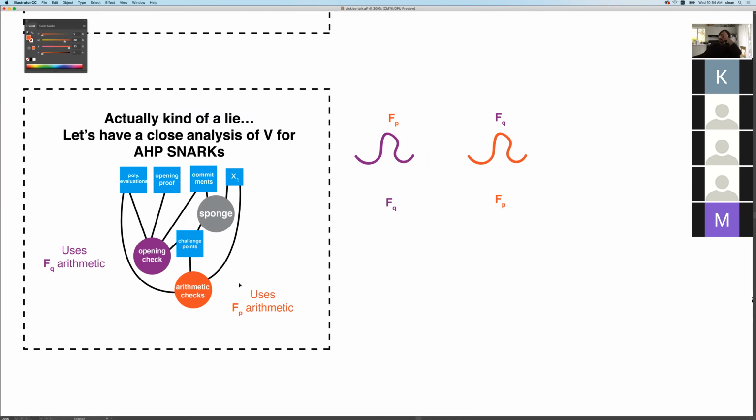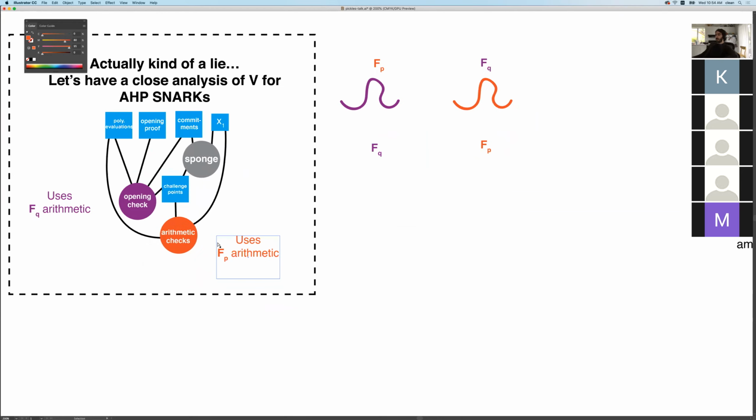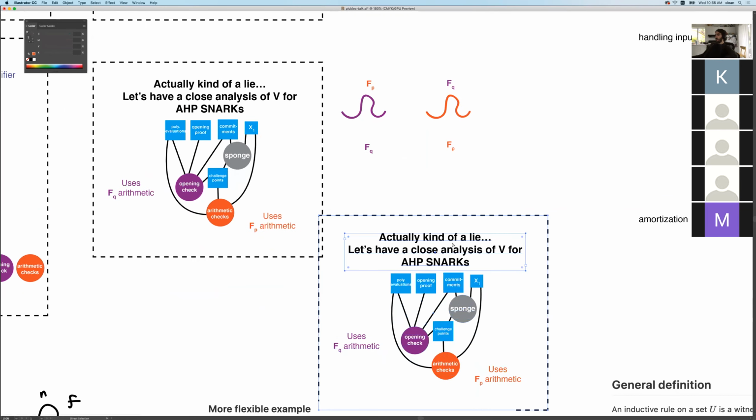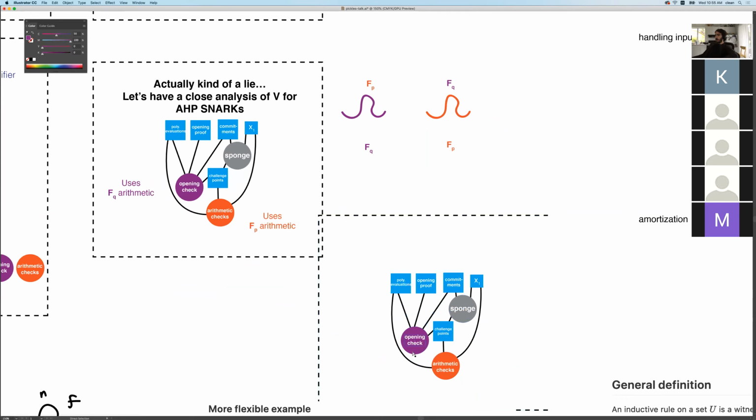So what the verifier for that is going to look like is basically the same as this verifier, but with the kind of arithmetic required for the opening checks and the arithmetic checks swapped. So the opening check is now going to require, for the snark, FP arithmetic, but the arithmetic checks will require FQ arithmetic.